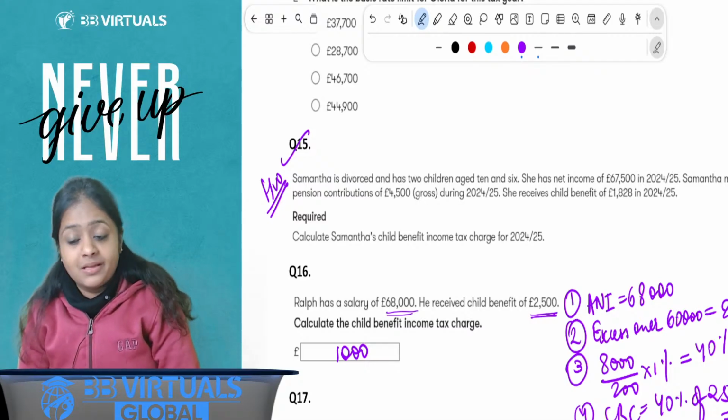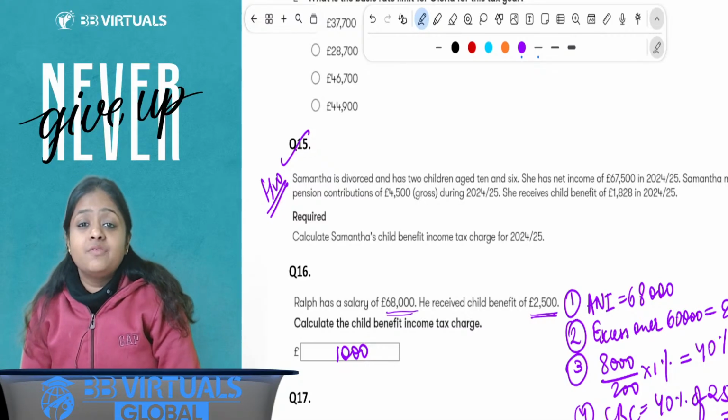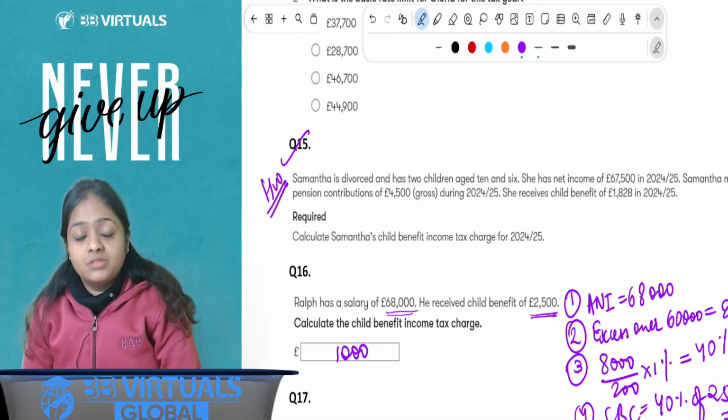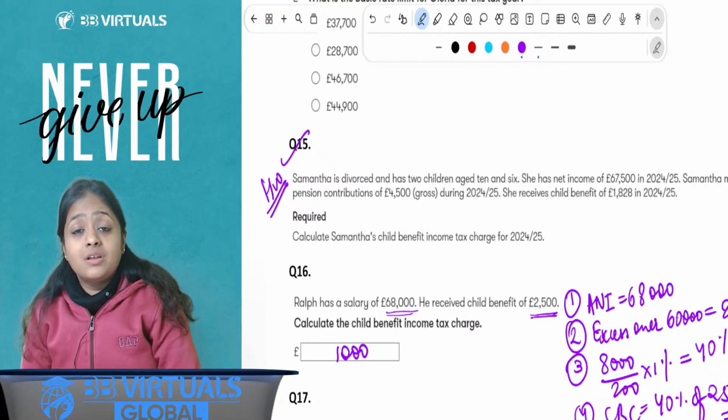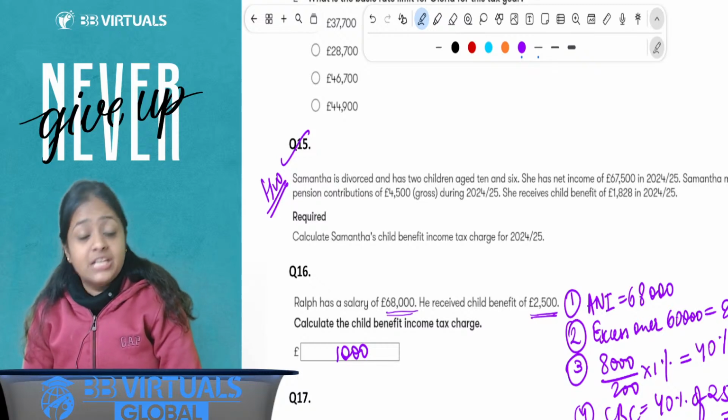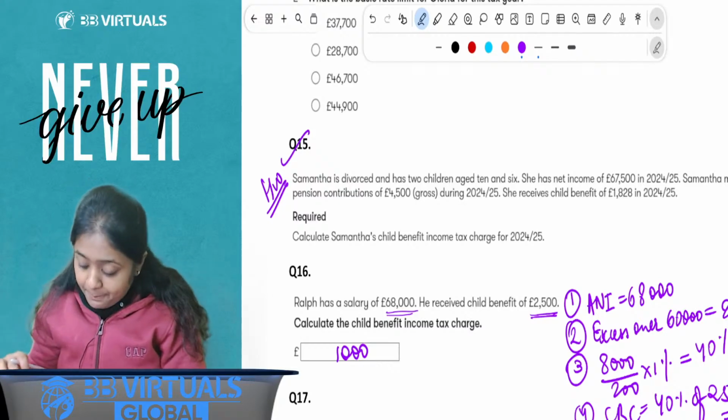Let's say the mother has received the child benefit, but both have ANI beyond 60,000. The one with the highest income will bear the child benefit charge irrespective of who received it.